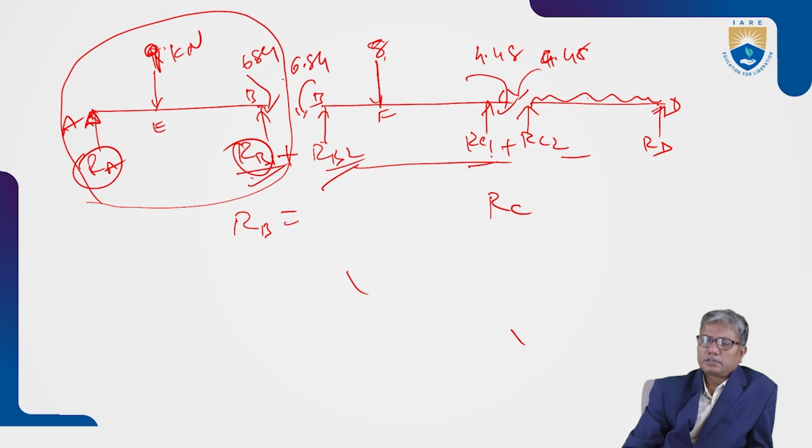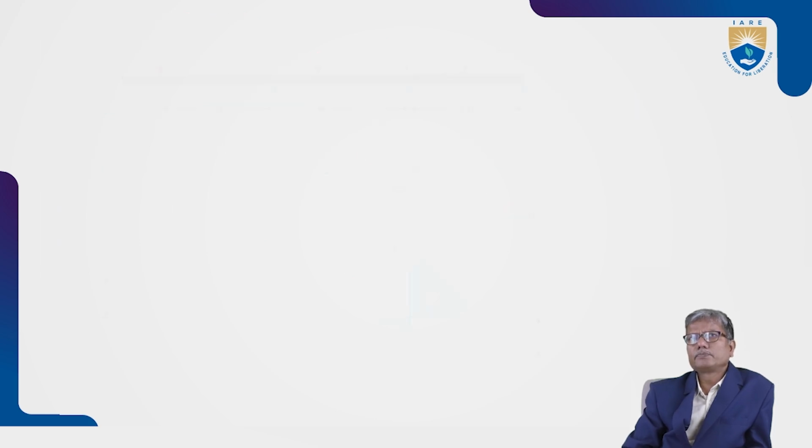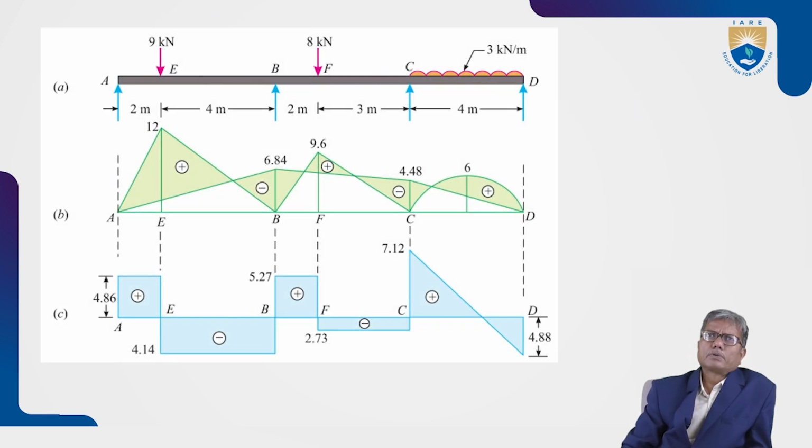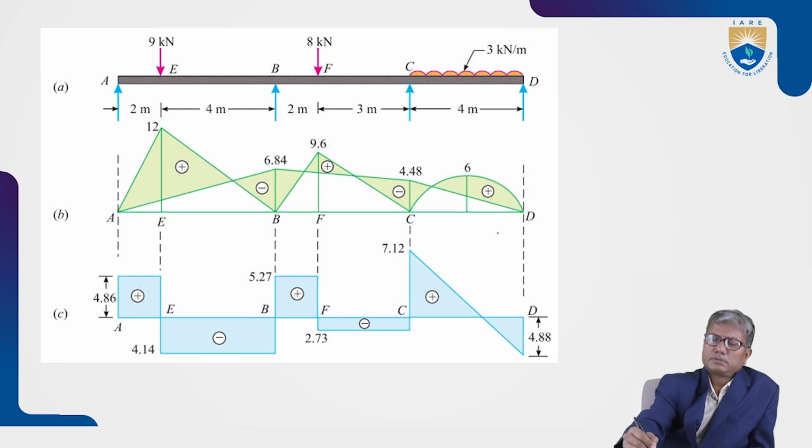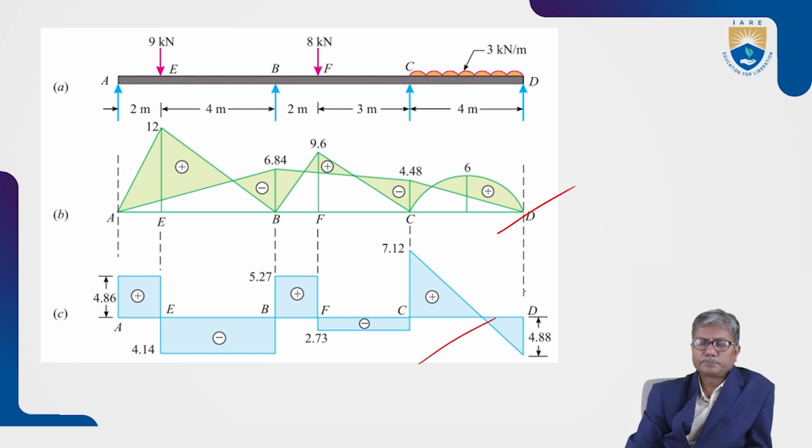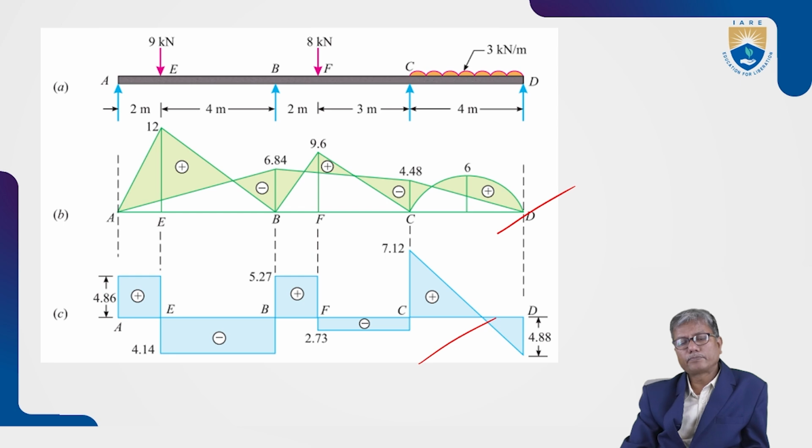Now, once you know the reactions, it is known how to draw the shear force diagram. This is the bending moment diagram as we have already drawn, and this is the shear force diagram.